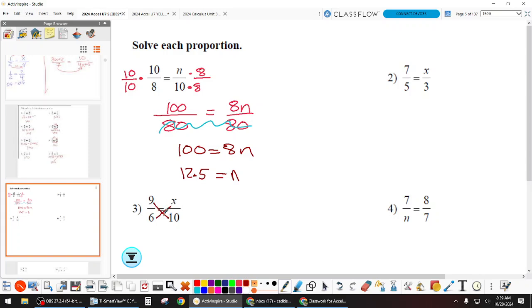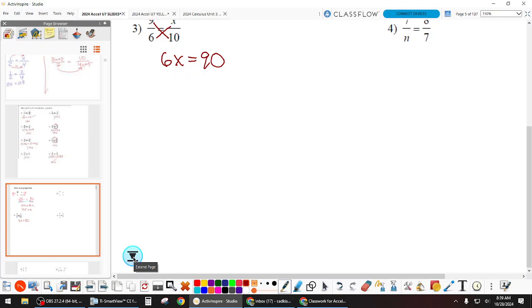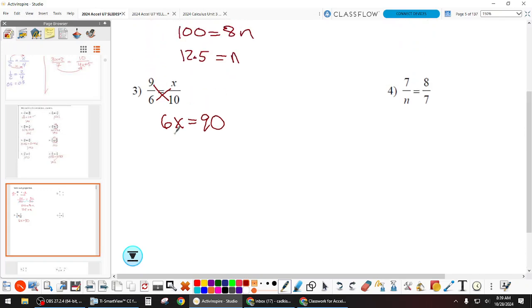So if we multiply diagonally, we'll get 6x equals 90. And our denominator under both would be 60, but we just ignore that, right? We'll just not worry about the denominator.